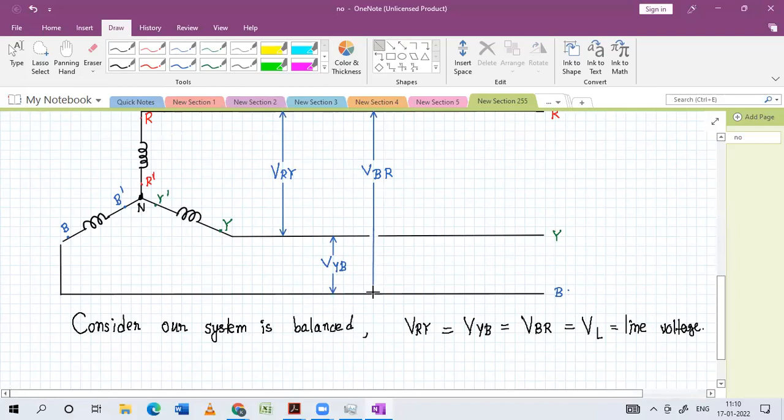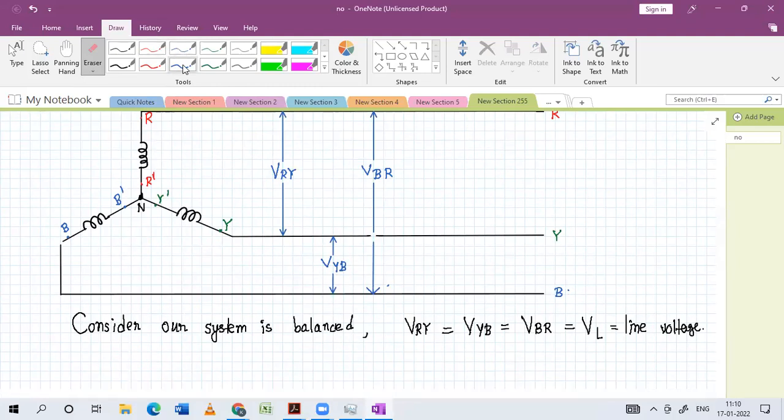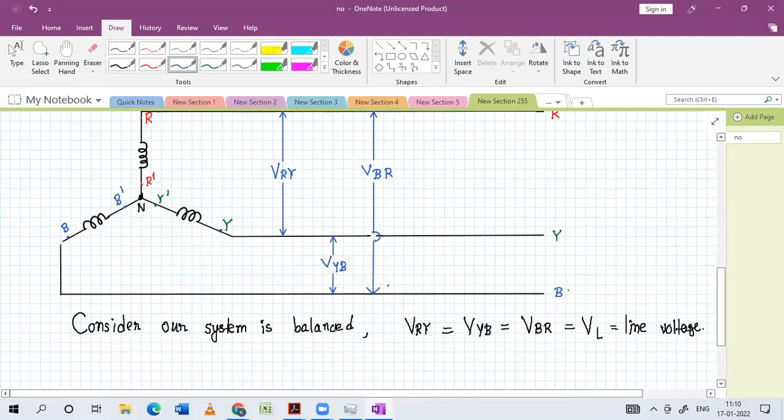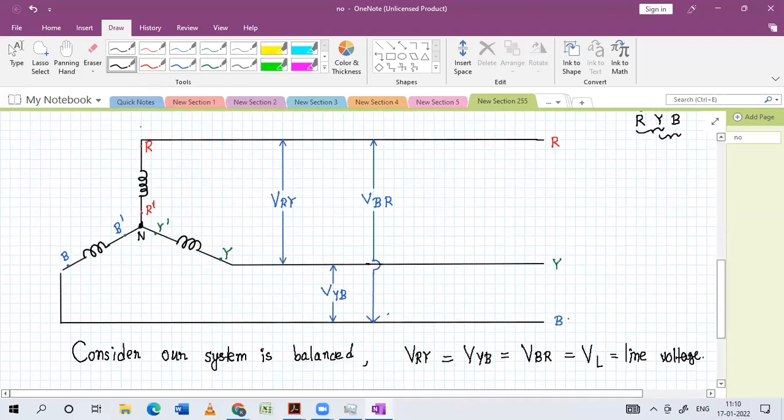Now it is correct. We will make one jumper here, meaning the red and blue lines are not connected. Is it clear? Now see the figure again. VRY is between R and Y, VYB between Y and B phase, VBR between B and R phase. That is our line voltage.